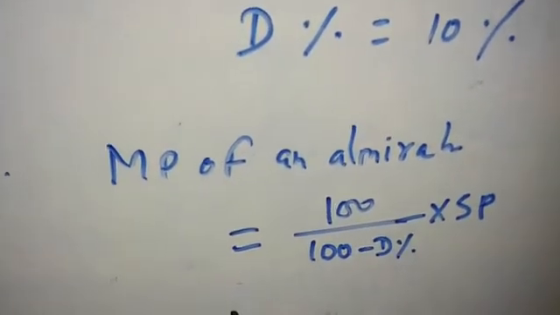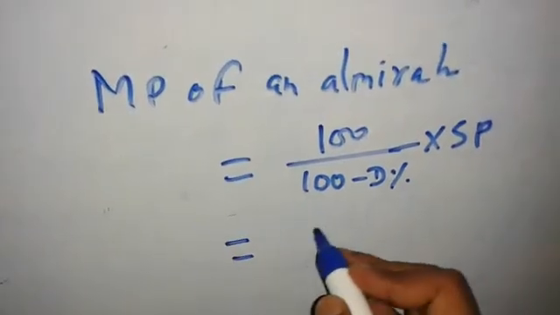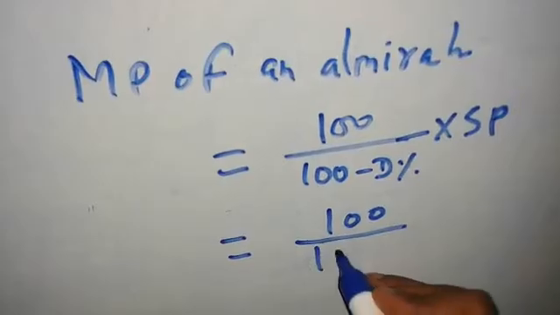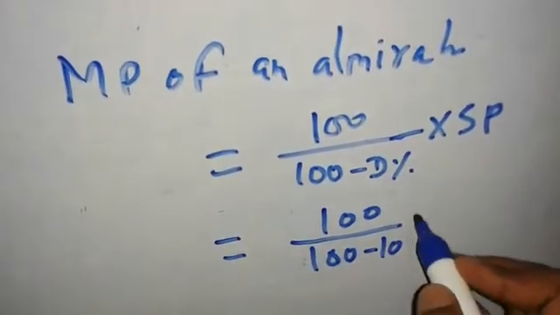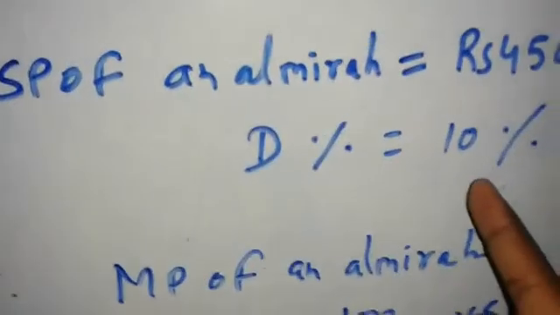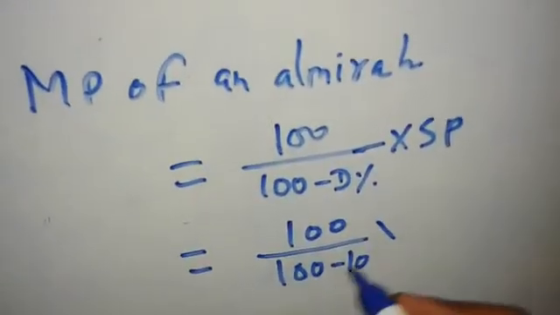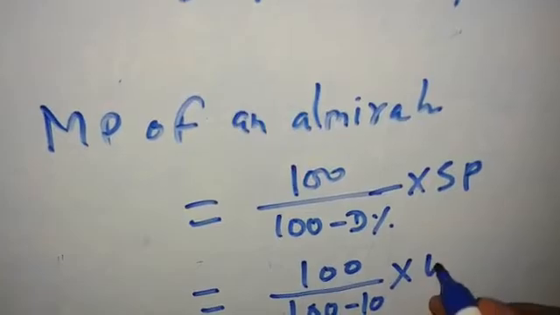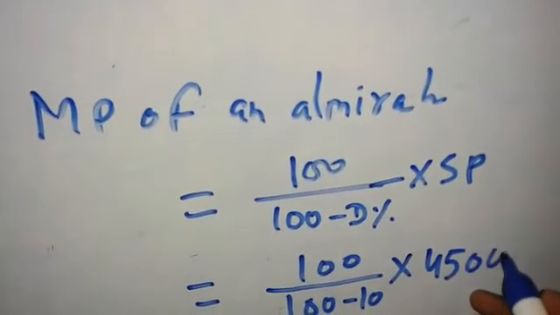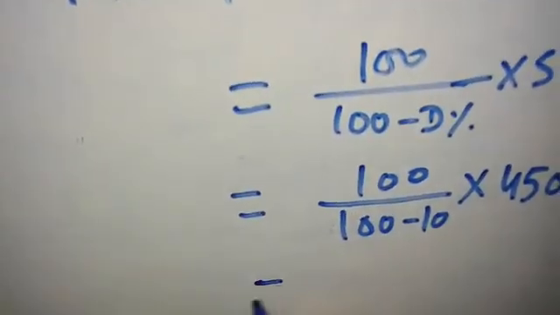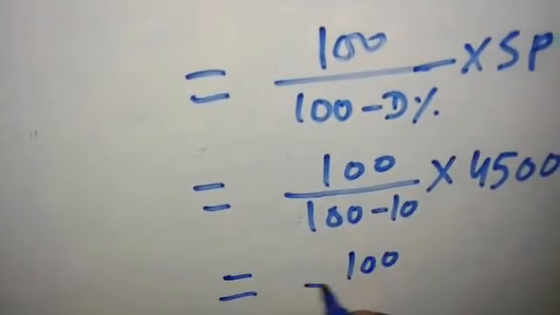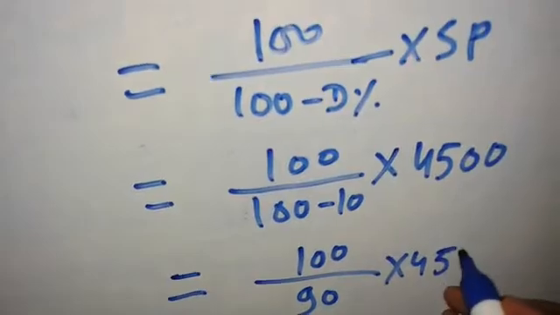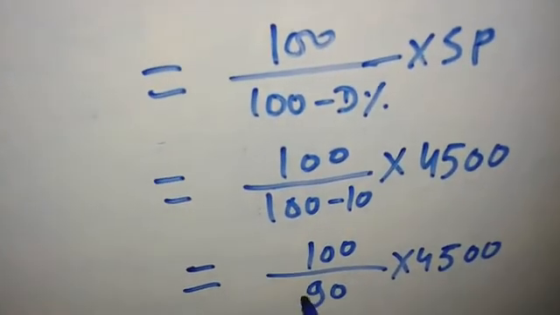That means 100 minus 10, since the discount given is 10%, into SP which is given as 4,500. Now it is 100 by 90 into 4,500.